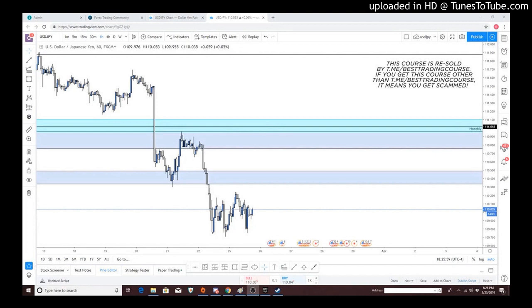Now, when a bearish market structure is broken, price will do one of a few things. It'll do something like this, where price made a lower low, then a lower high, then a lower low, then a higher high.